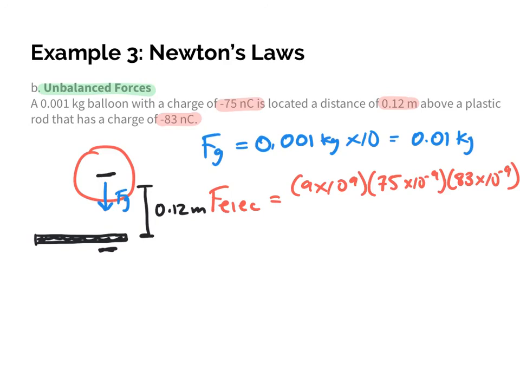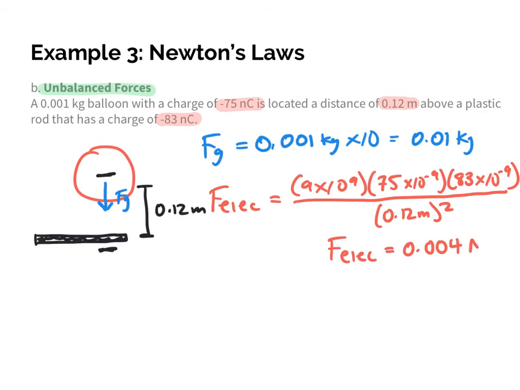I know they're both negative, so it's going to be a force of repulsion. And then here I'm given the distance of 0.12 meters. Because I'm given all the values, I can figure out what this force is. Using my calculator, I'll figure out that the electrostatic force between them is going to be 0.004, I'll just round that, newtons.